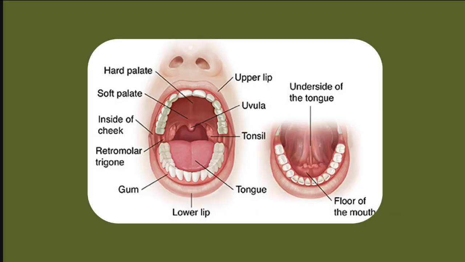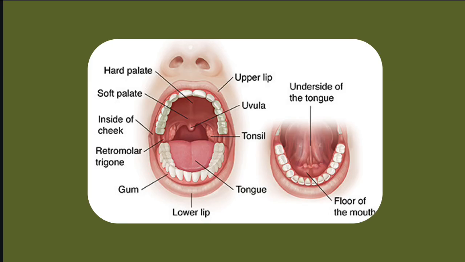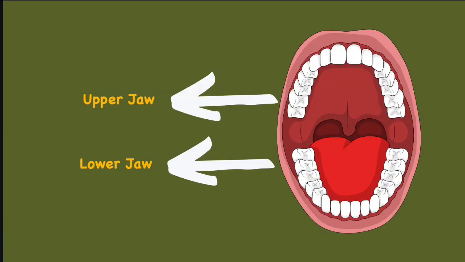Okay, now let's talk about the role of teeth in speech production. The teeth, particularly the upper front teeth, are fixed and do not move during speech. However, they play a critical role in shaping certain sounds.